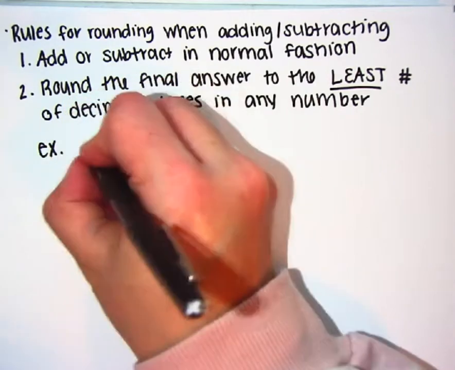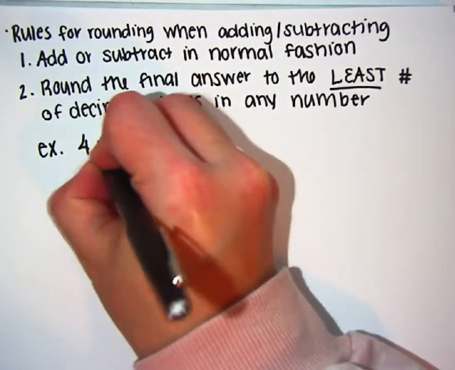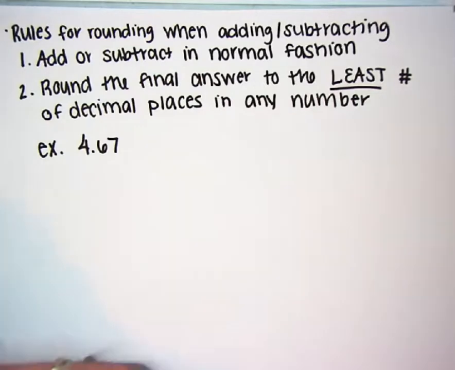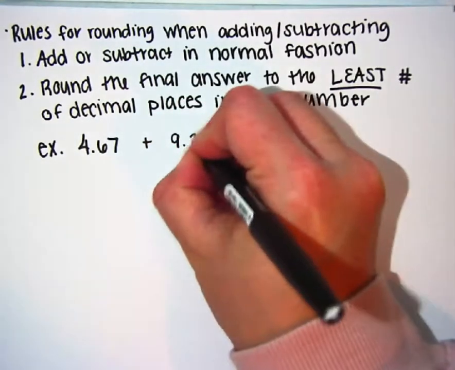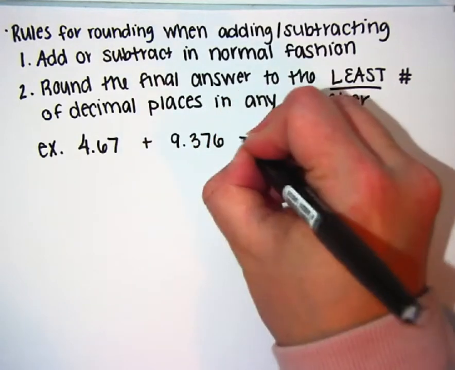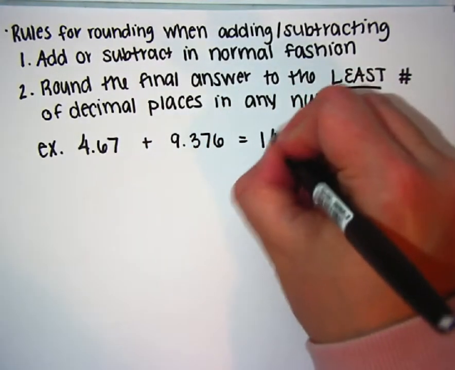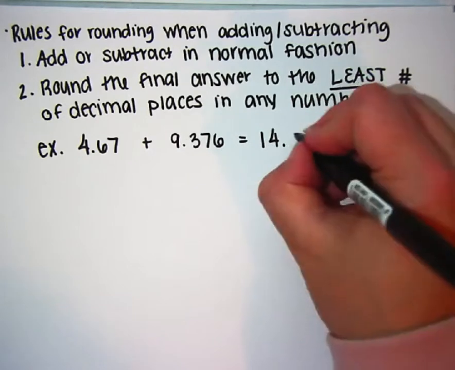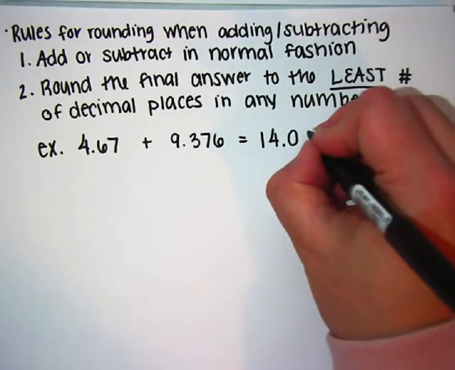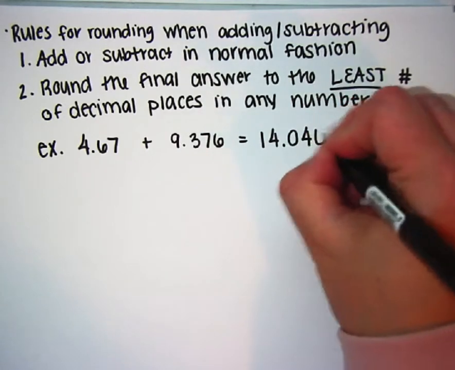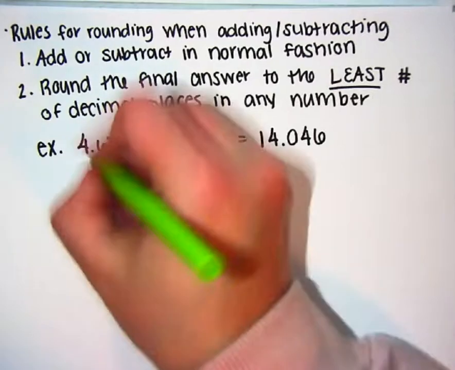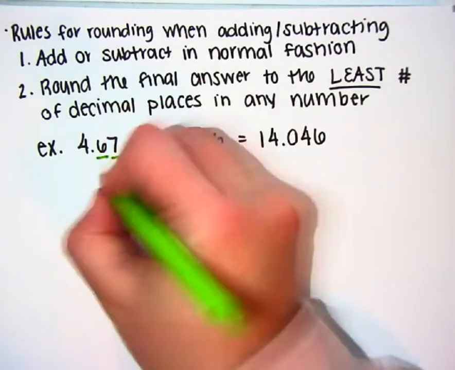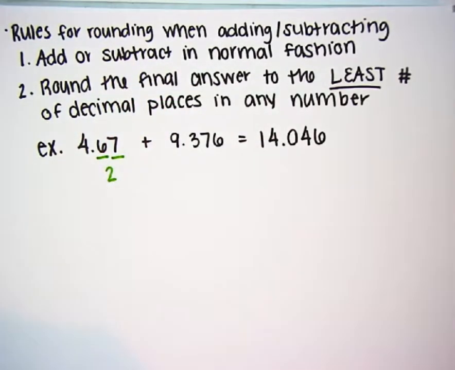So let's say I had 4.67 plus 9.376, and when we add these together, I get 14.046. So all that we're counting are decimal places. My first number has 2 decimal places.